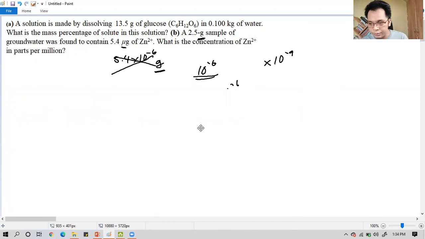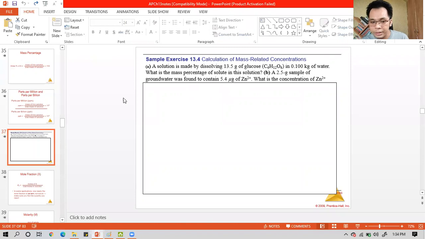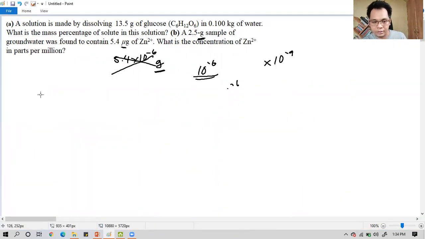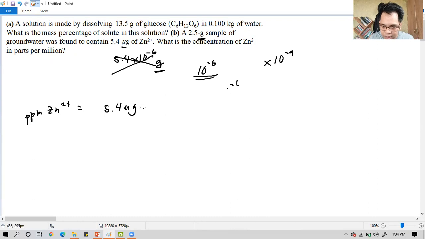Now, let's try to convert it into grams per grams and use this scientific notation times 10 raised to negative 6. Ngayon, okay, as we all know naman that the ppm of zinc sulfate, ito pag kinonvert natin to, itong 5.4 microgram here, so magkakaroon ng conversion that 1 times 10 raised to 6 microgram, there is 1 gram.